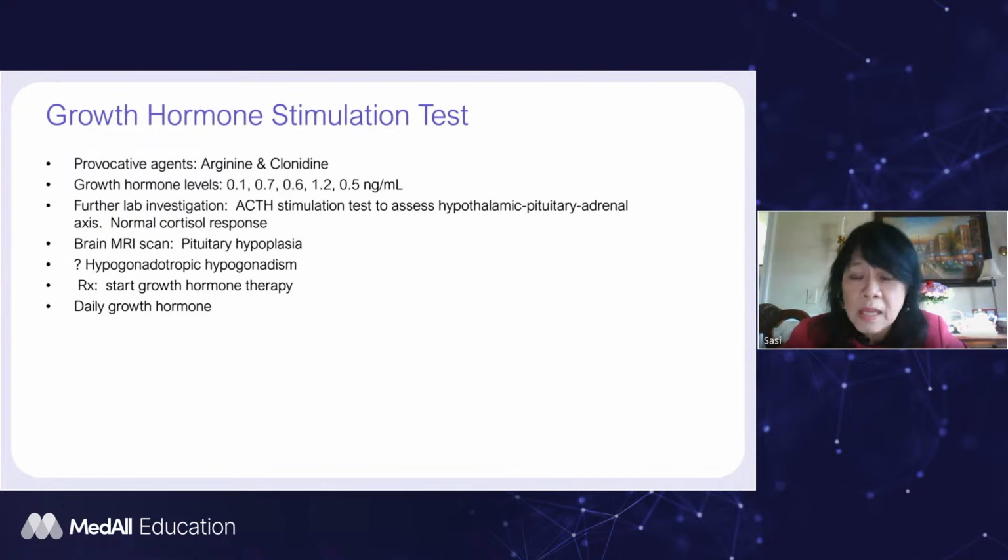That's a possibility, but it can be just isolated growth hormone deficiency as well, that can also result in micropenis in boys. So that's something we have to wait until he's in puberty, then we can do assessment for gonadal function.